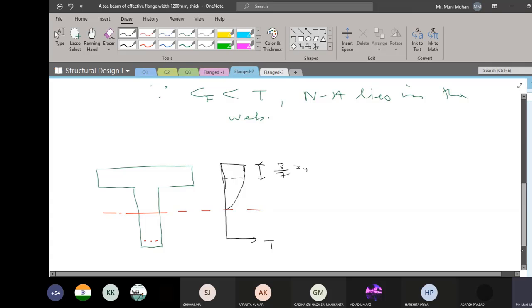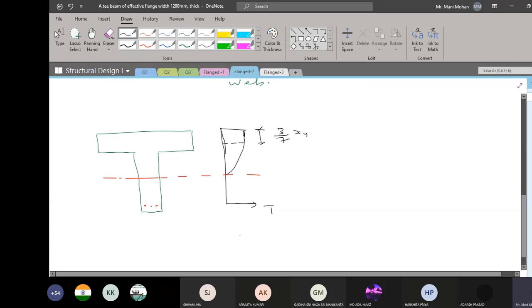So you get one of the cases when neutral axis is outside flange: your depth of flange is greater than 3 by 7 times XU. So this is one of the cases. The other case will be like this. This is the tension force.